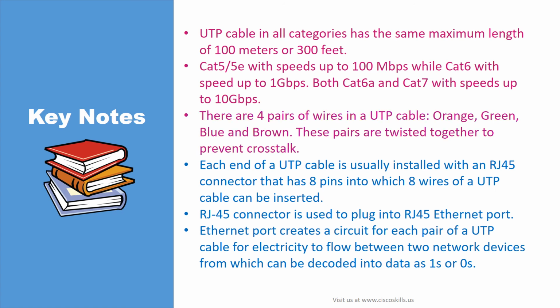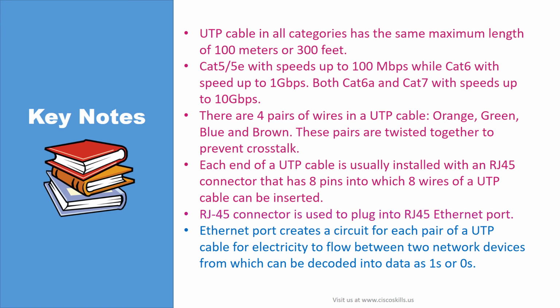There are 4 pairs of wires in a UTP cable: orange, green, blue, and brown. These pairs are twisted together to prevent crosstalk. Each end of a UTP cable is usually installed with an RJ45 connector that has 8 pins into which 8 wires of a UTP cable can be inserted.